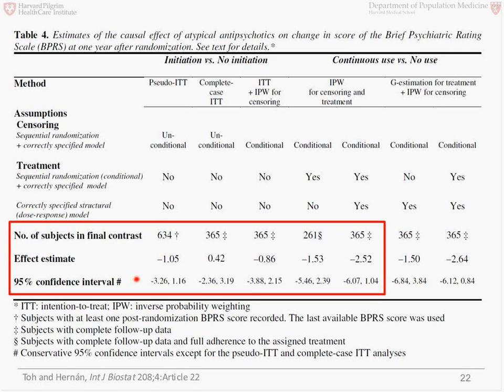So the point estimate from this analysis is negative 1.5, which means that the reduction in the BPRS score at month 12 from baseline is more in the atypical antipsychotic arm compared to the typical antipsychotic arm.